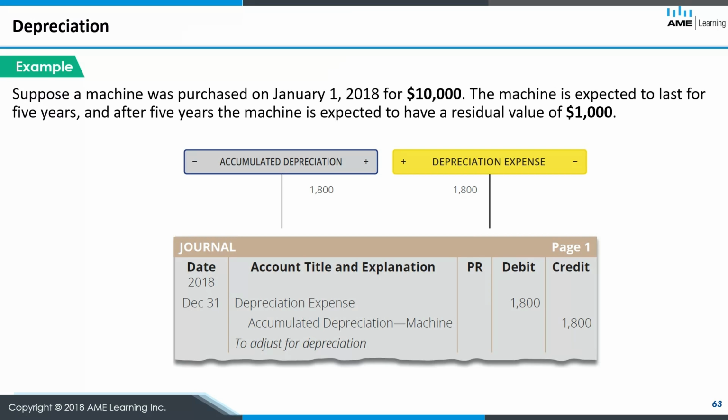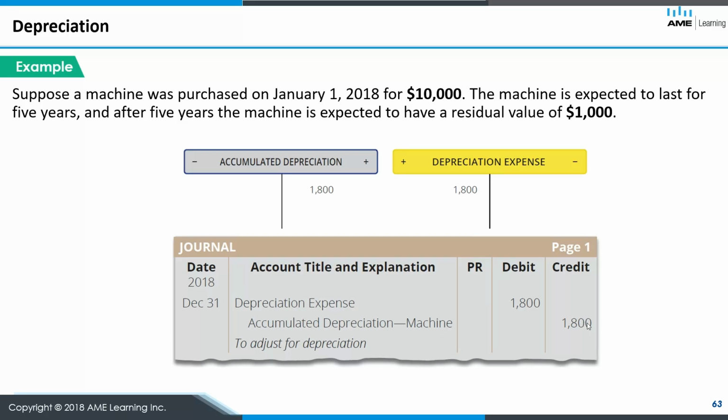9,000 divided by 5 is 1,800. So each year we will want to have our accumulated depreciation go up by $1,800, and depreciation expense of $1,800 will be the expense portion of that.